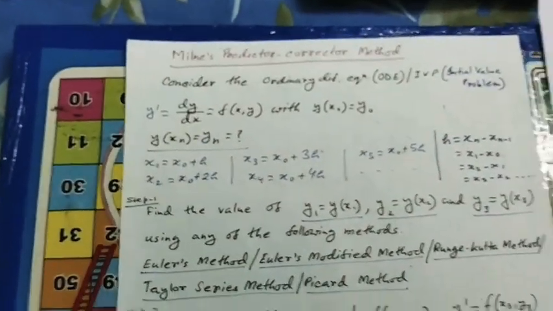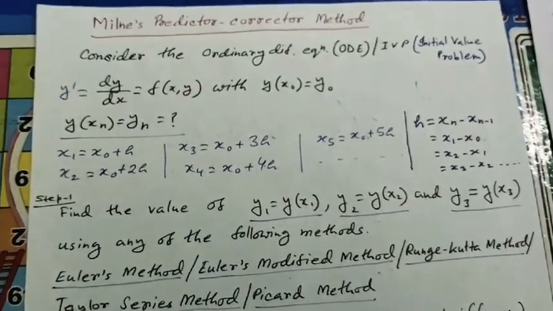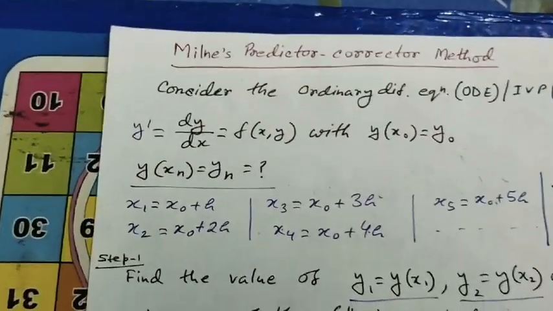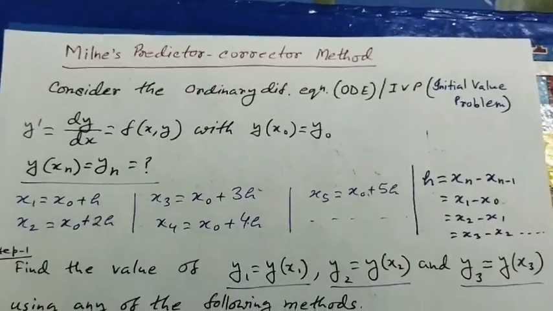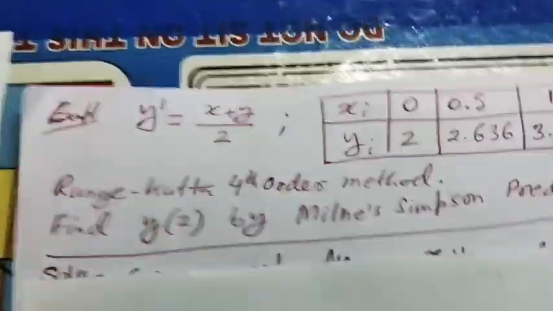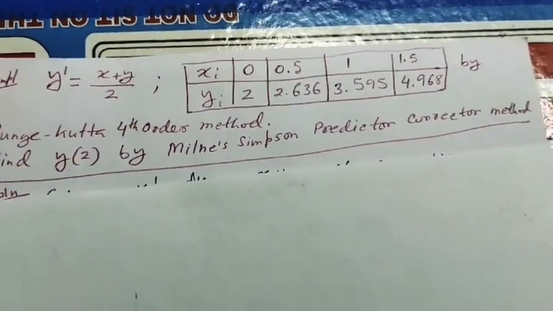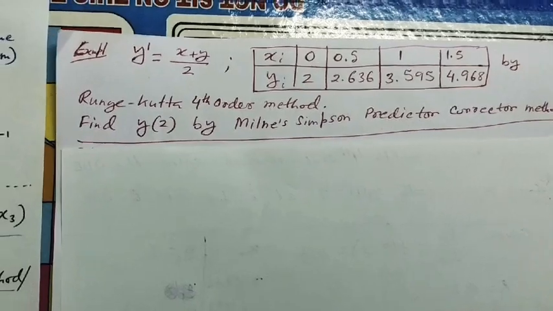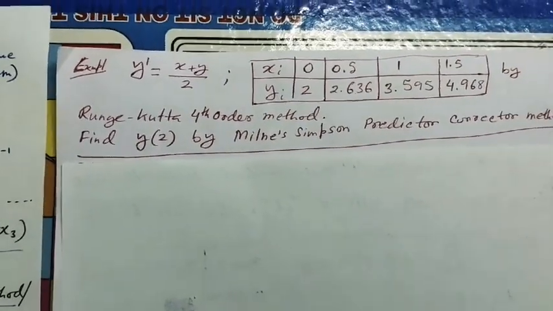Now let us take an example so that it will be easier to understand. Coming to the example I showed you previously, y dash equals x plus y by 2.